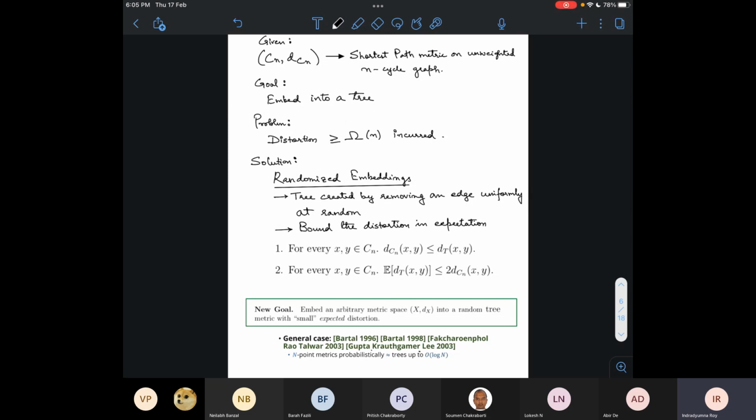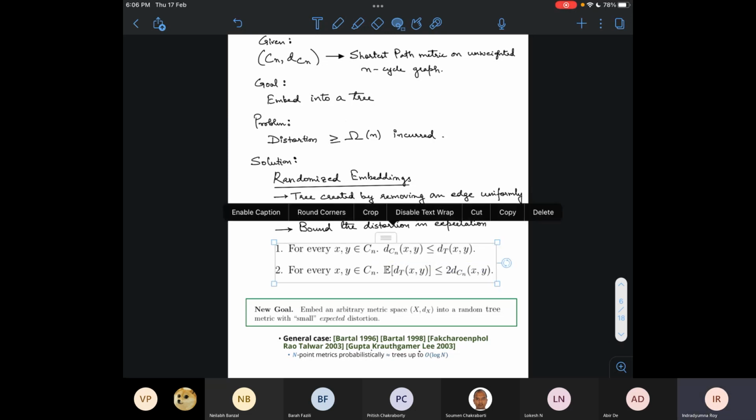You can convince yourself with a little bit of thought that if you choose an edge uniformly at random, then the expected blow up in the pairwise distance is bounded by 2, which is the result shown here.